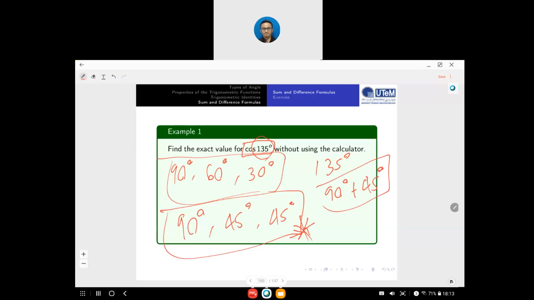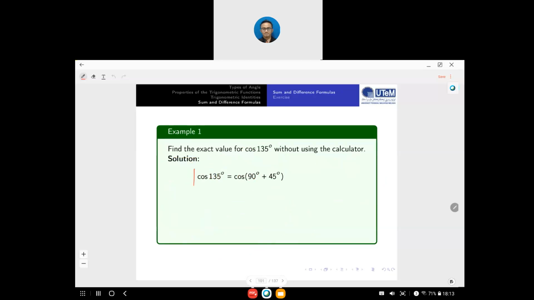So we can get cos 135 degree equal to cos 90 degree plus 45 degree. So awak implement lah formula tadi. Kita tahu cos 90 plus, kita akan dapat macam ni. Cos 90 degree, cos 45 degree, minus. Okay, kalau cos, kalau sini plus dia jadi minus. And then the rest kat belakang sin. Sin 90 degree, sin 45 degree.